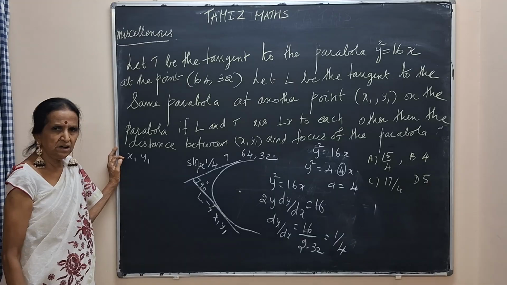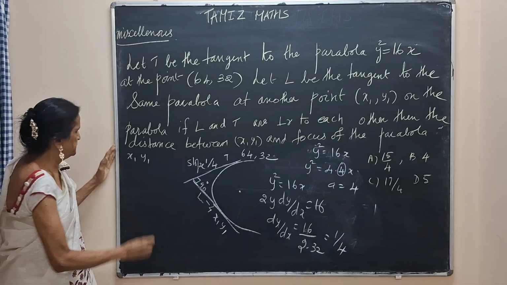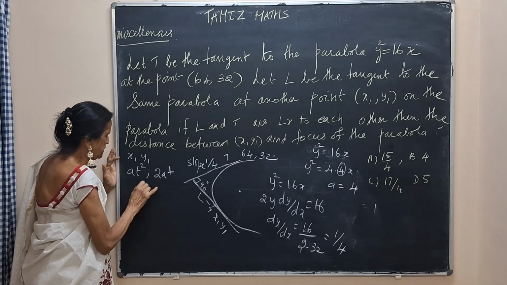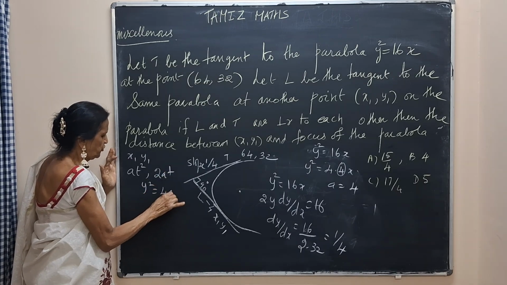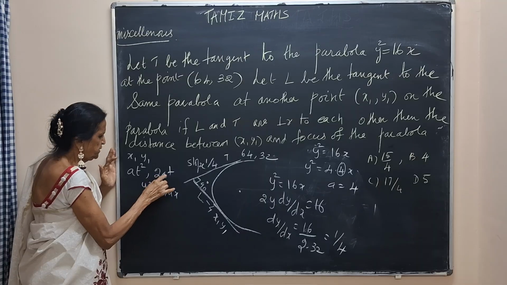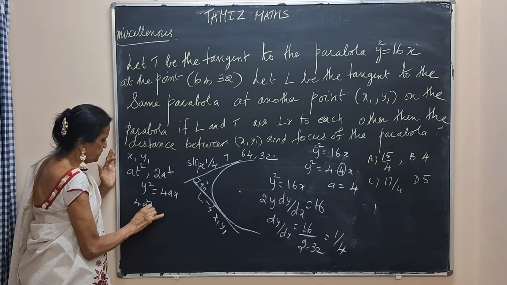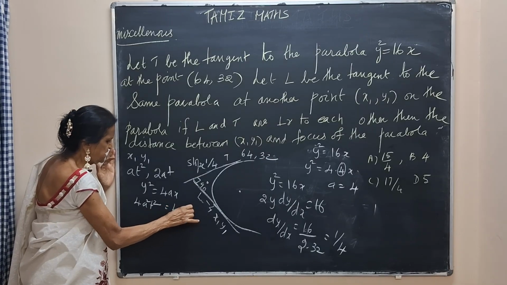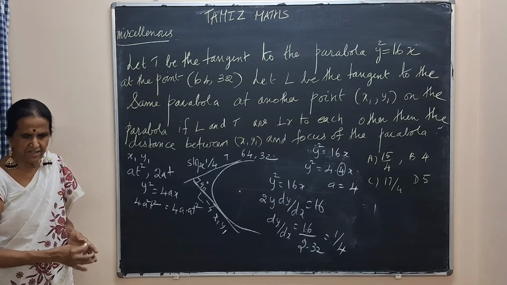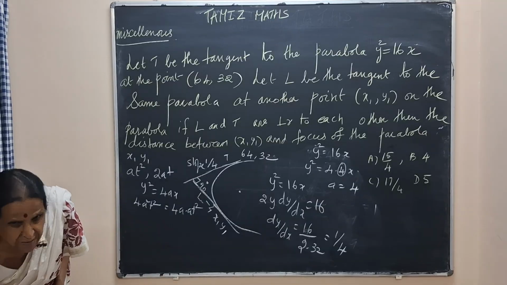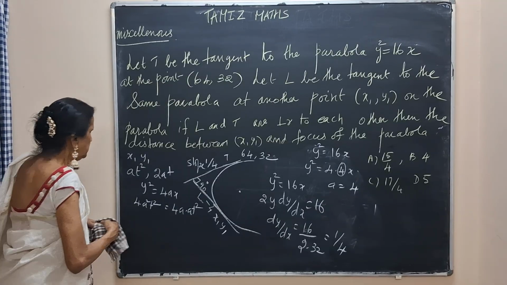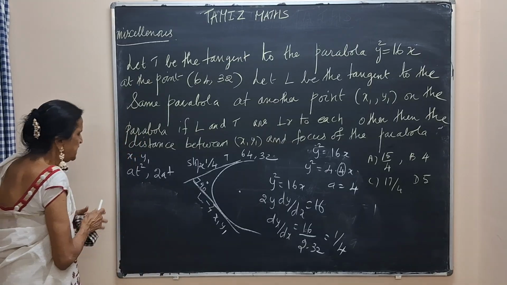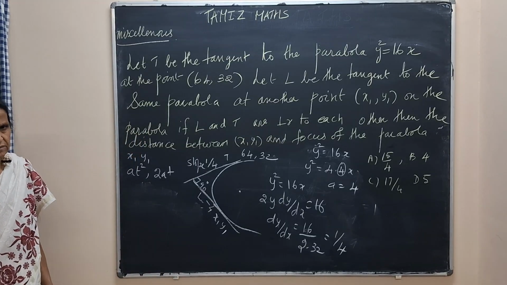Now, (x1, y1). What is the parametric representation of that? For the parabola y squared equal to 4ax, it is (at squared, 2at). Substitute and check: 4a squared t squared on the left, and 4a times at squared on the right. For every t it will be satisfied, so t will be the parameter. Let this point (x1, y1) be (at squared, 2at).